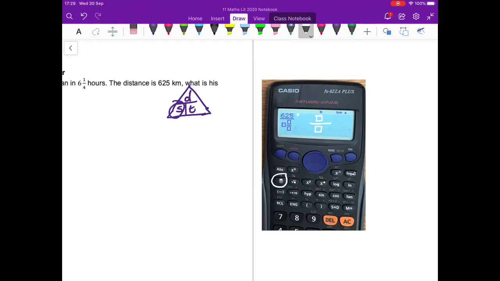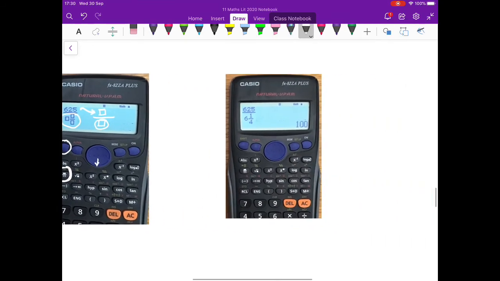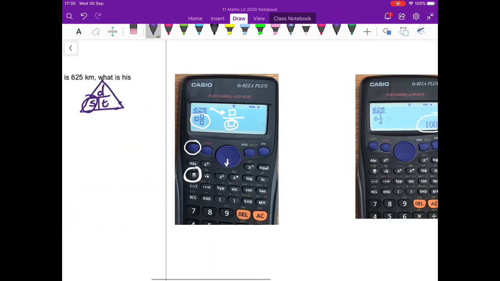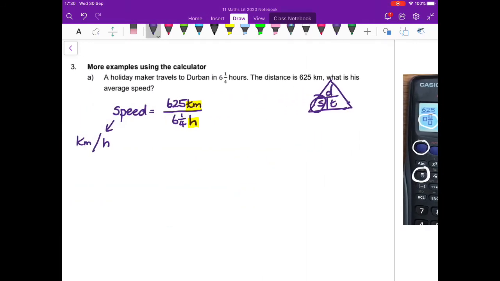You would type in your 625 there, you press your down arrow to get to the bottom, and then press shift and the fraction button in order to get the mixed number version. Type in 6¼, press equals, and you will get 100. So the average speed here will equal 100 kilometers per hour. And go and check average speed. Yes, that is a speed.